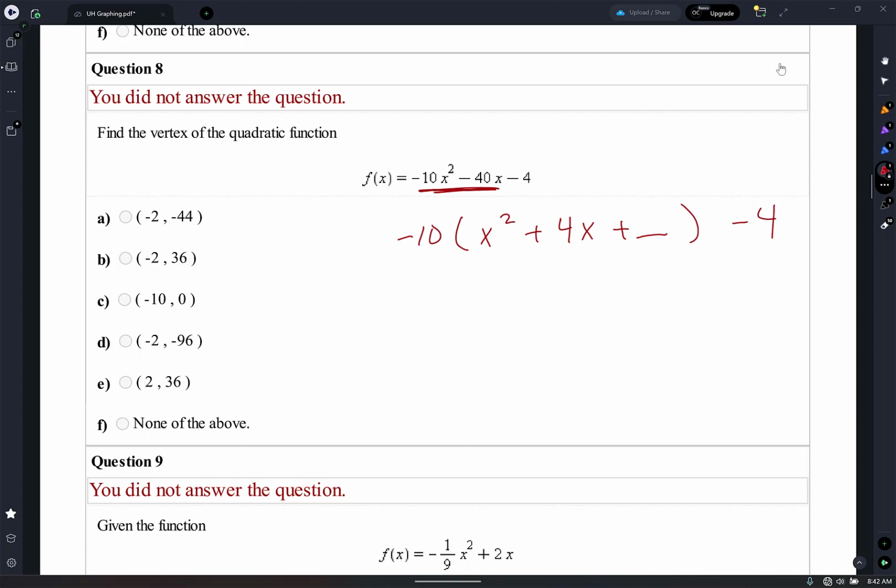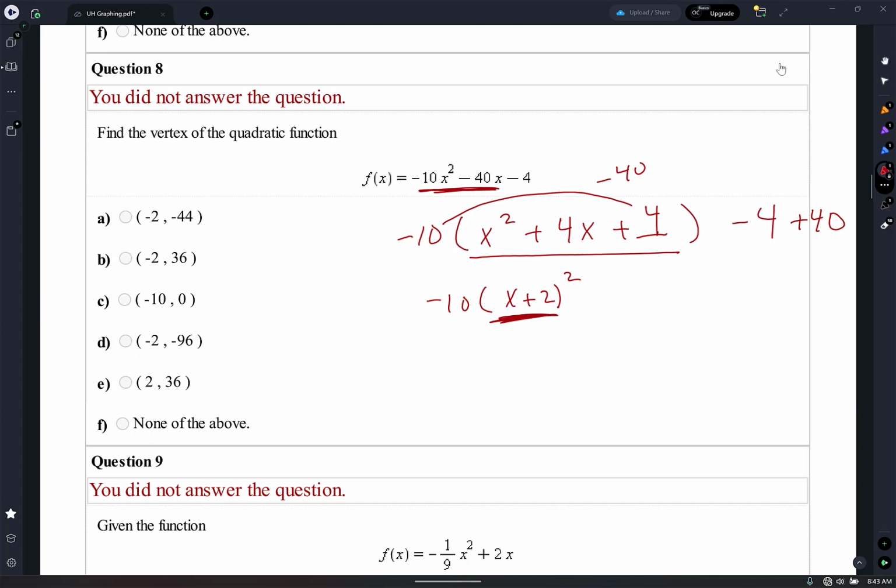4 divided by 2 is 2, and 2 squared is 4. What you really did is make this heavier by negative 40. So I got to balance it by putting plus 40. So negative 10, parenthesis, x plus 2, close it, squared. If you expand this binomial, it will be that one if you square it. And then the 40 is larger than the 4.